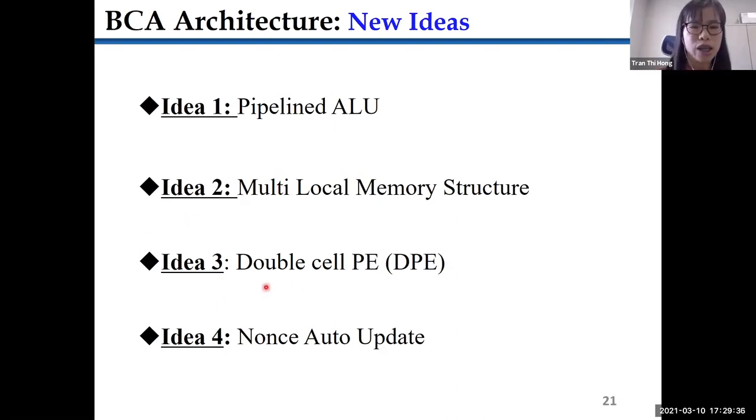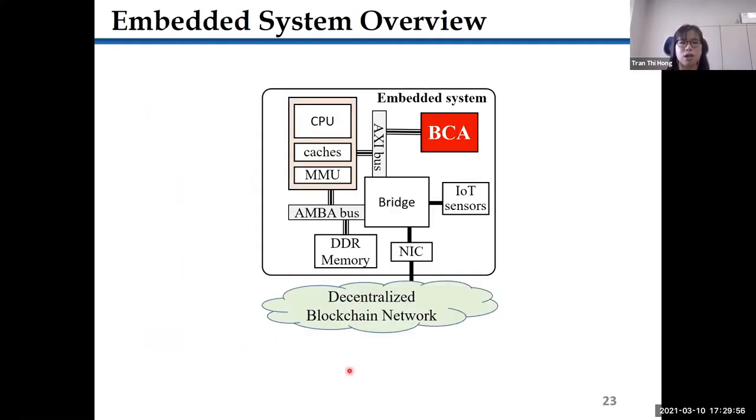The idea three is the double cell PE to compute both SHA block 2 and SHA block 3 of the double SHA inside a single processing element. And idea 4, nonce auto update. For more detail, I will explain later on.